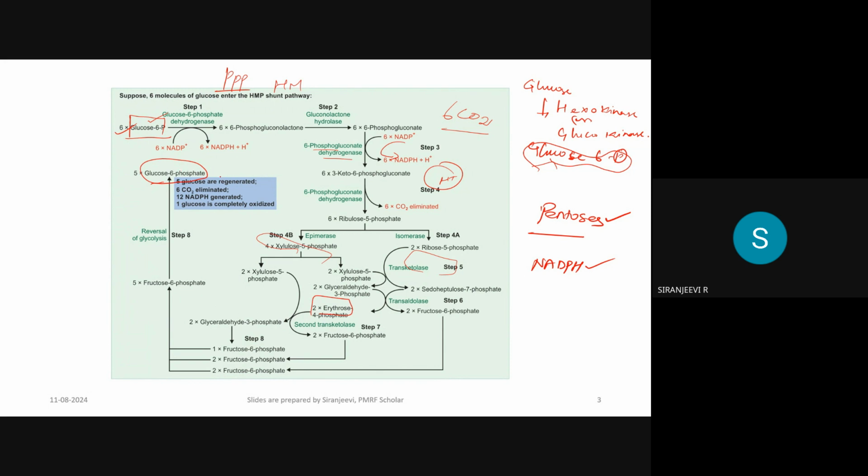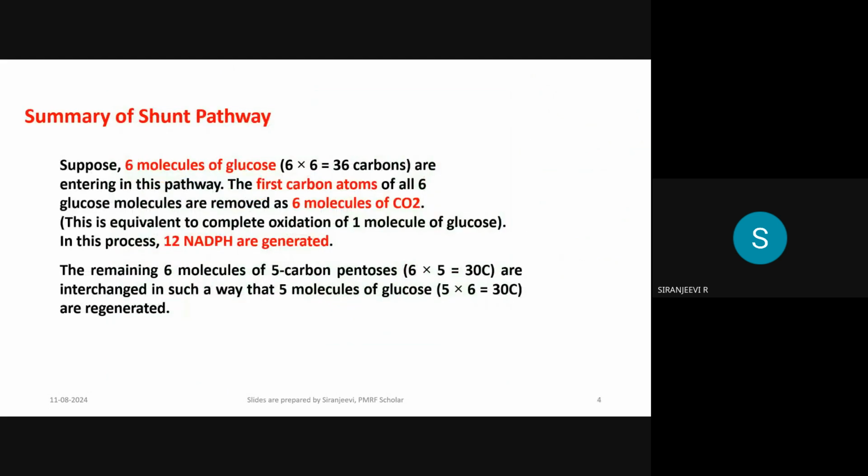The overall reaction: 5 glucose are regenerated in the form of glucose 6 phosphate and 6 CO2 are eliminated if 6 molecules of glucose 6 phosphate are involved in the reaction. 12 NADPH are generated and 1 glucose is completely oxidized. The summary I've already shown in the previous slide.